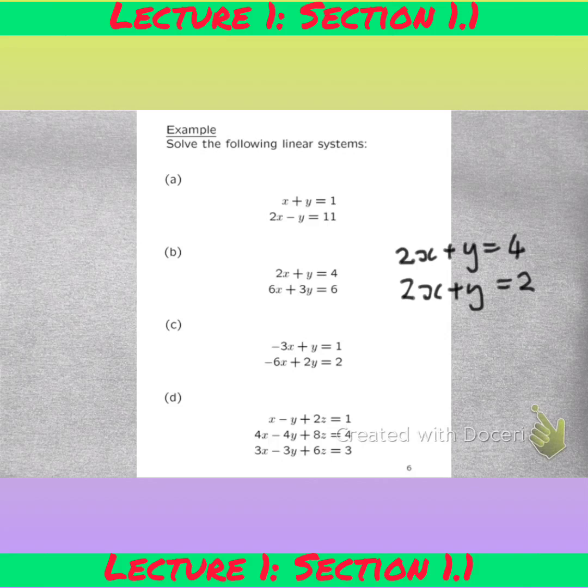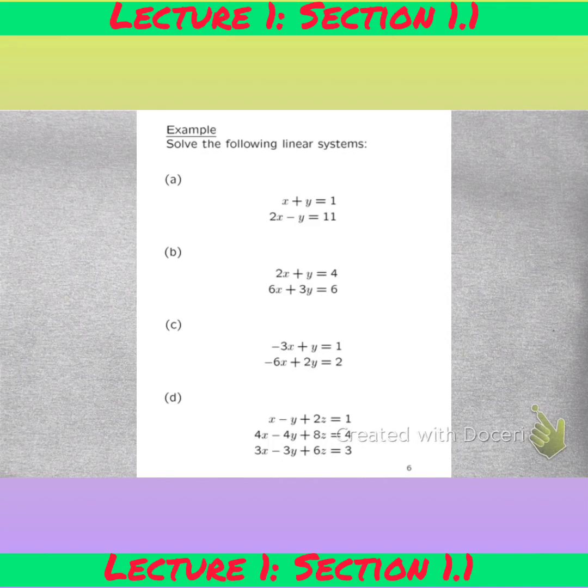So this system corresponds to two straight lines that are parallel, and they don't intersect. So there's no solution here. It's inconsistent. It's two parallel straight lines.